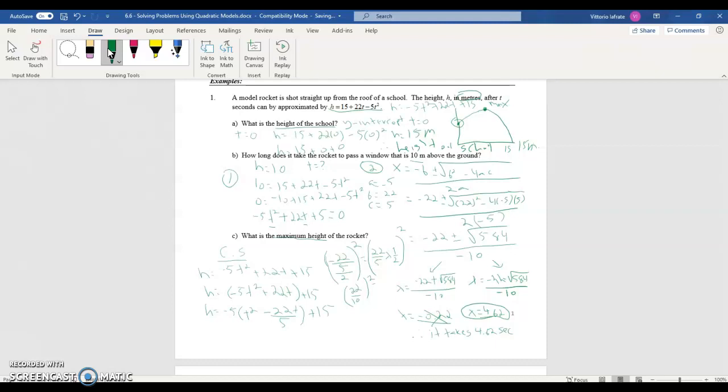And I'm just simplifying some more here. I'm going to get 11 over 5 squared. And so that would give me 121 over 25. And that's the term I need to add in there.